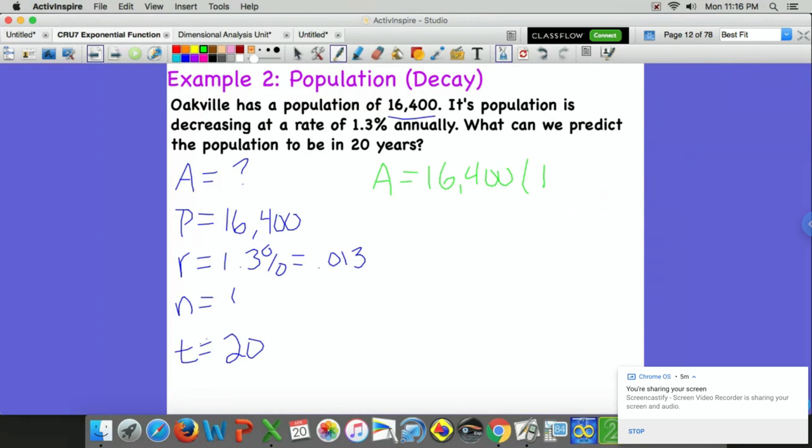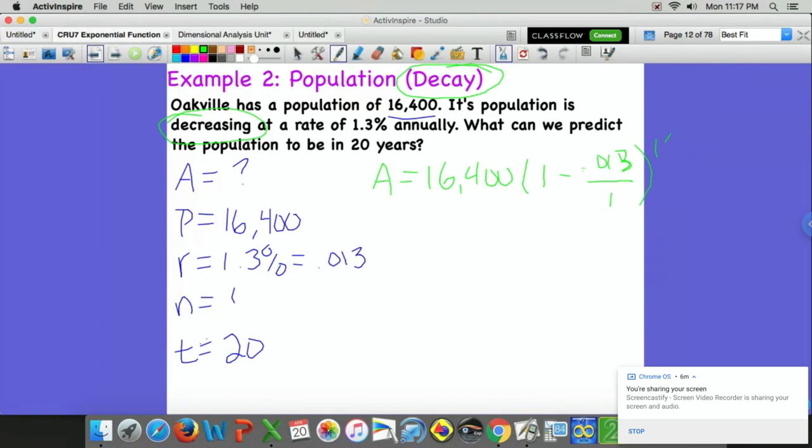And now this time, because it is decay and it says that it is decreasing at a rate of 1.3%, therefore we know that we're going to be subtracting the 0.013 over 1, and not adding it.